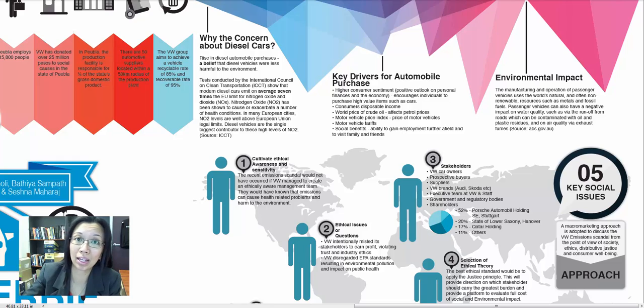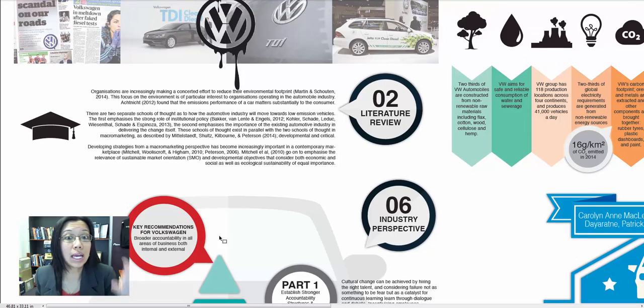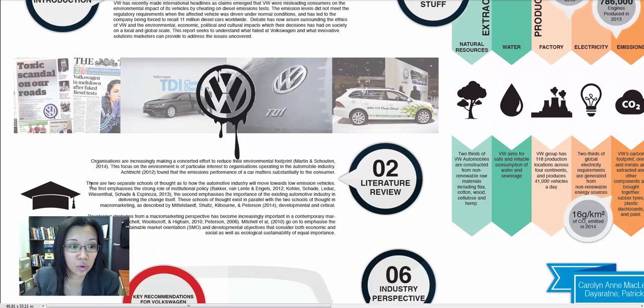One is that space of macro marketing or critical marketing, so one of the two. And if we look here, this group has engaged reasonably well with a macro marketing approach, so they've identified it for the first bit, but also integrated into their literature review.